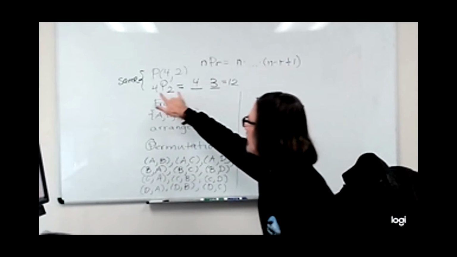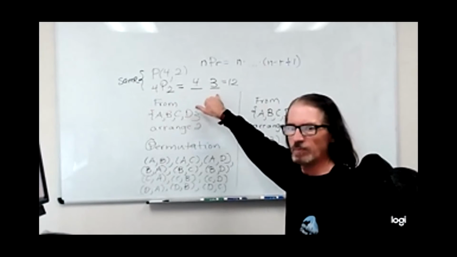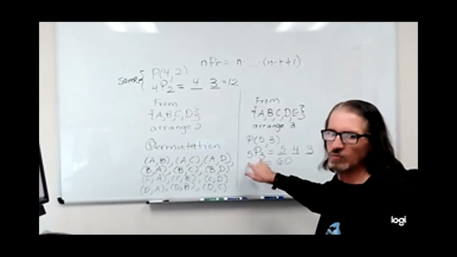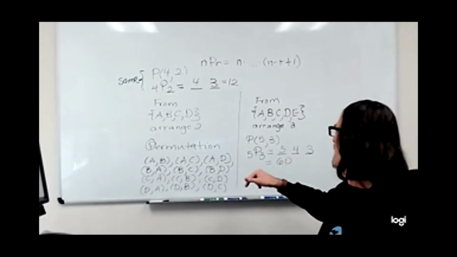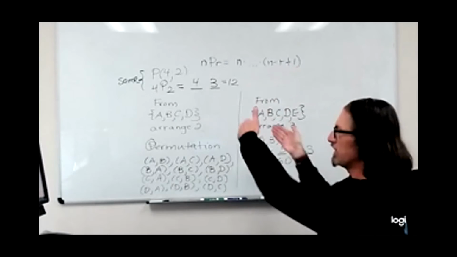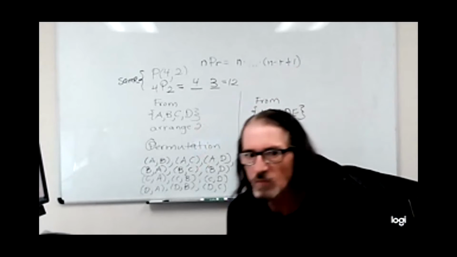In this case, 4 minus 2 is 2, 2 plus 1 is 3. Coincidentally, 5 minus 3 is also 2, 2 plus 1 is 3. So in this case, the last thing in this string of multiplication was 3.